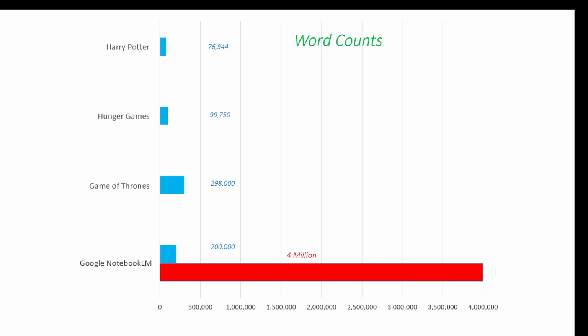We can see that Harry Potter has 77,000 words, Hunger Games is about 100,000 words, Game of Thrones is about 300,000 words. And then visually we see here that NotebookLM can have up to 4 million words in its notebook project for processing. And we see here that this is an amazing advance in AI access.